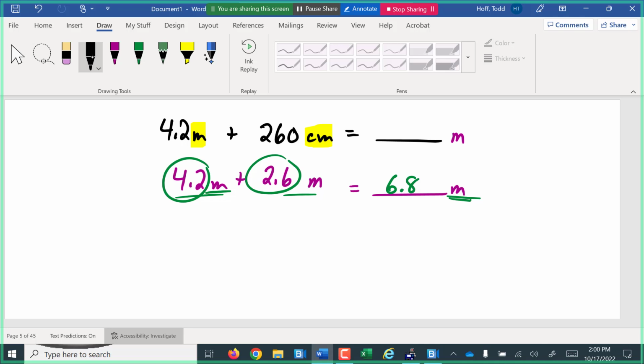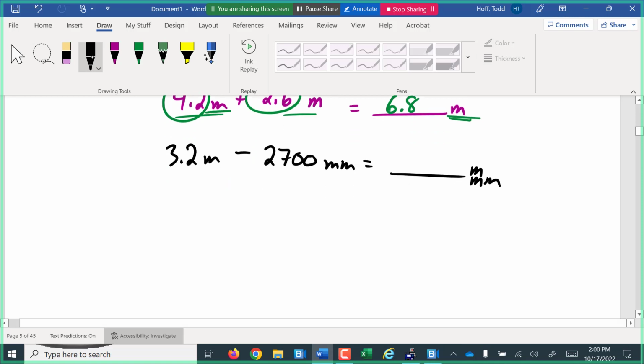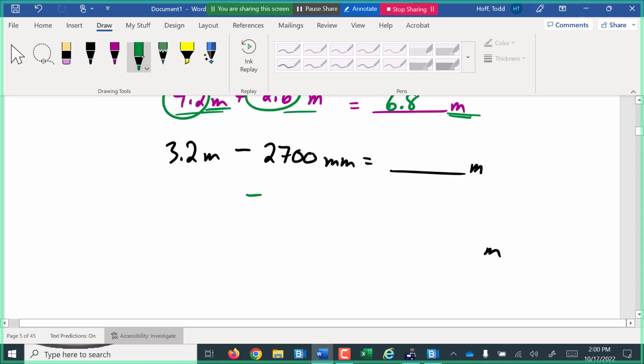Or if we had 3.2 meters minus 2,700 millimeters. And I told you that I want my answer in millimeters here. Well, now the 2,700 millimeters would stay.